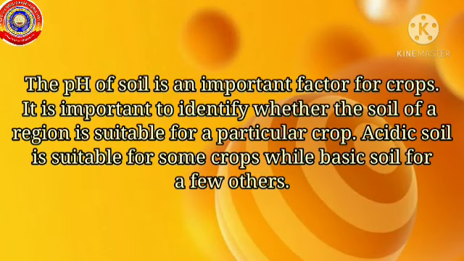The pH of a soil is an important factor for the crops. It is important to identify whether the soil of a region is suitable for a particular crop. Acidic soil is suitable for some crops while basic soil for a few others. That is why it is said that it is better to determine the pH of a soil before farming.